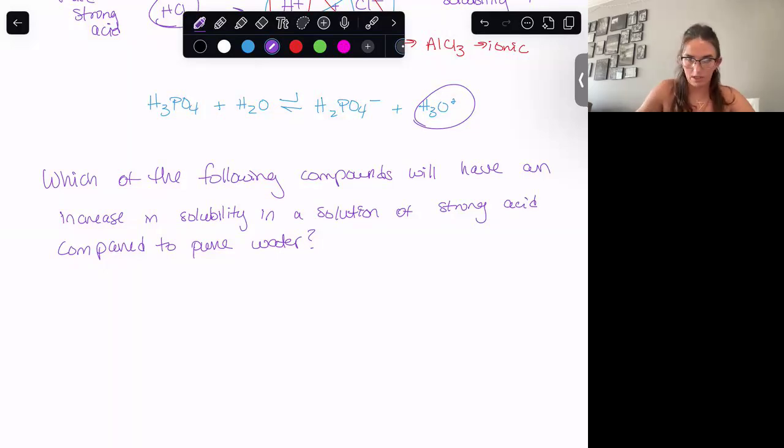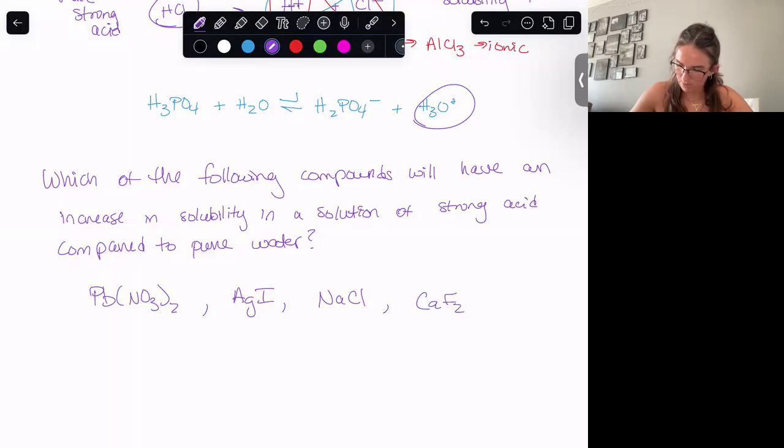Okay, so there are these choices. With these choices, these are all salts, they're all ionic compounds. You want to break these up into ions.